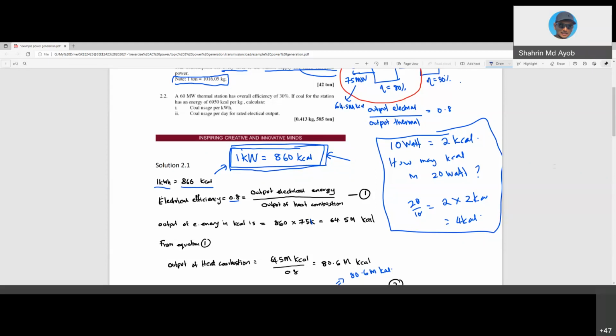Watt is actually the power, where 1 watt is equal to 1 joule over second. So 1 joule is equal to 1 watt multiplied with second. That's why the energy is equal to watt multiplied with time. In electrical power, we use time not in second but in hour, so that's why we use watt hour.